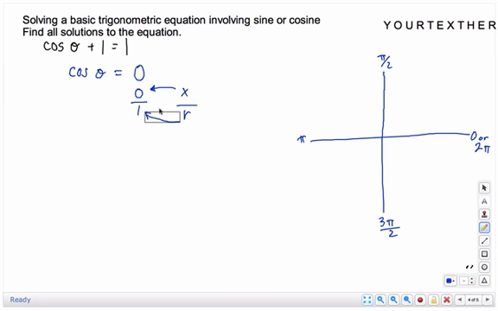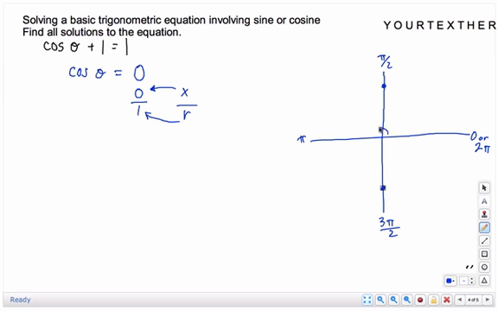Whenever you have something like this, that's a good hint that it's going to be at one of these points here. So x is 0, r is 1. Whenever you have 0 or 1 like this, the y value will be 1. So x is 0, y could be 1 or negative 1.